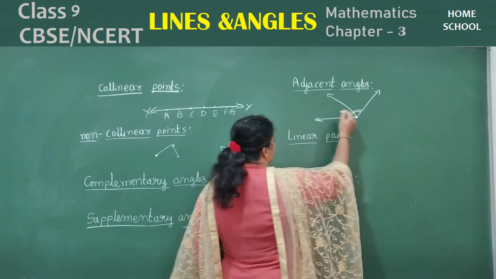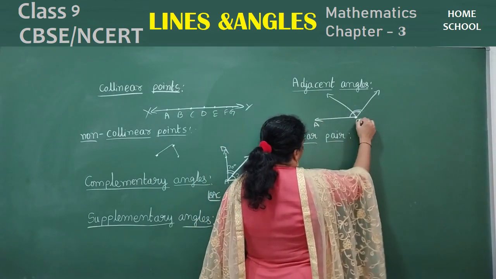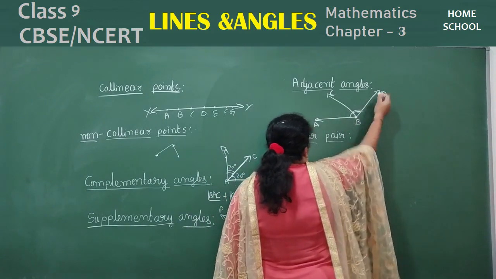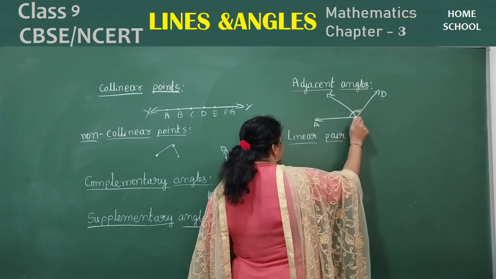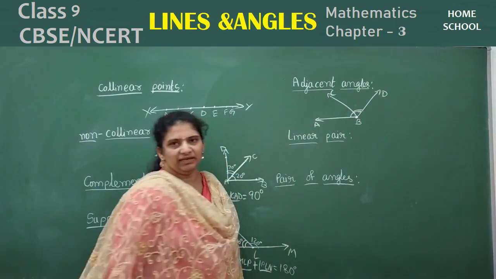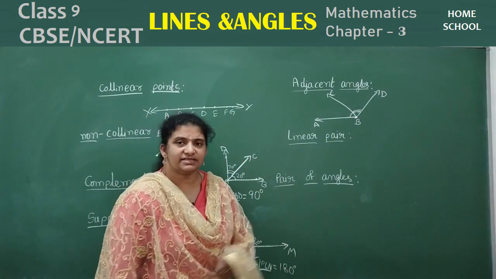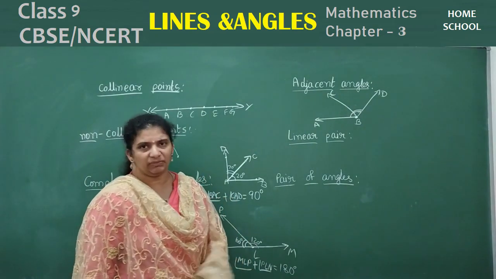So what can you say here, children? A, B, C, D. B is called the vertex. Angle ABC is adjacent to angle CBD.